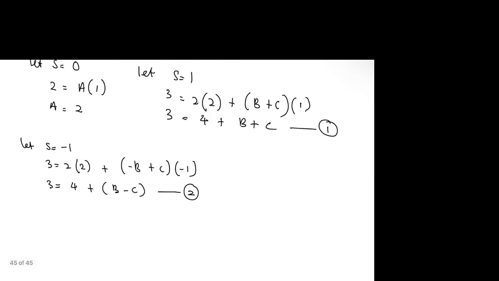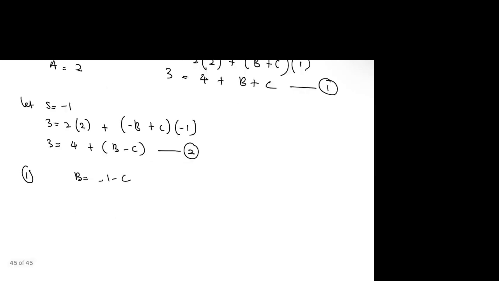Next, from equation number 1, we have b equal to 3 minus 4 minus 1 minus c.